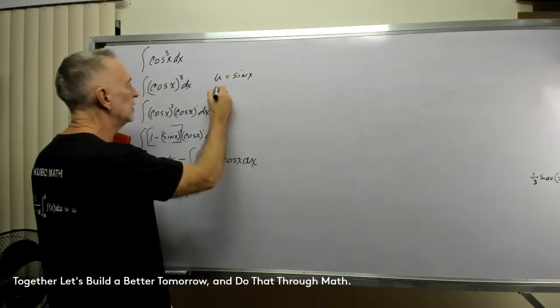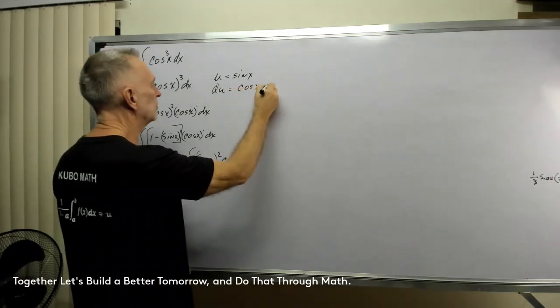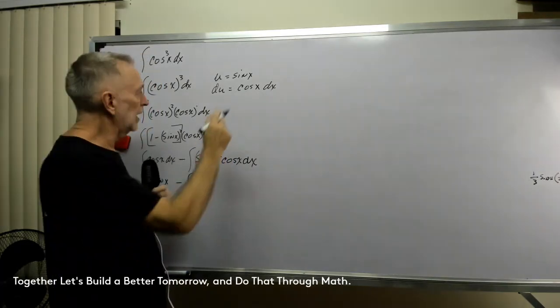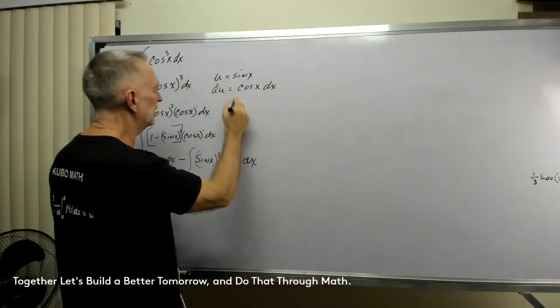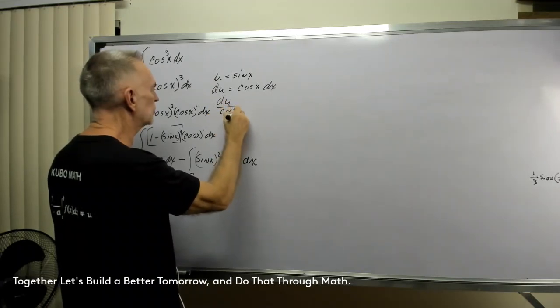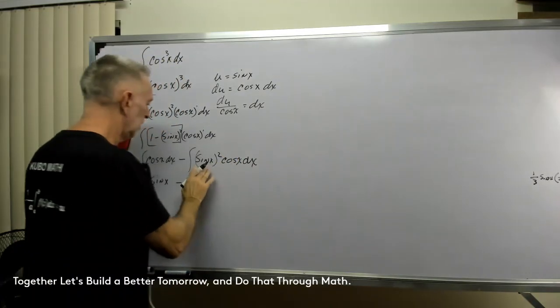What is the derivative of sine? Well, that's cosine x dx, chain rule. Now let's isolate dx, so we divide both sides by cosine x: du over cosine x equals dx.